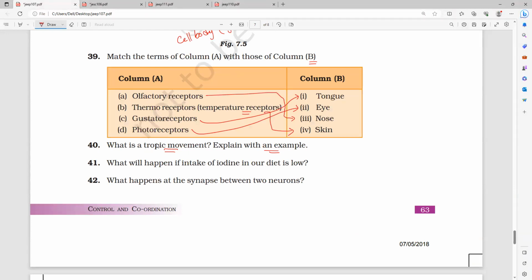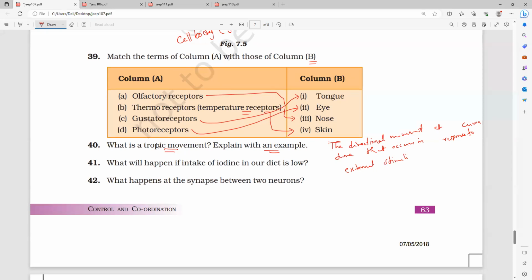So what is tropic movement basically? The directional movement or curvature that occurs in response to external stimuli is called tropic movements.